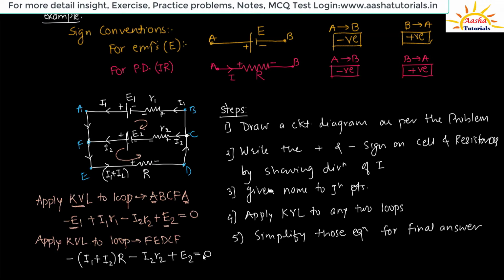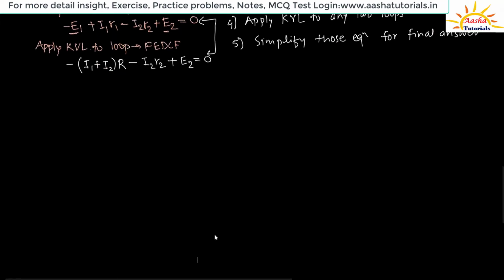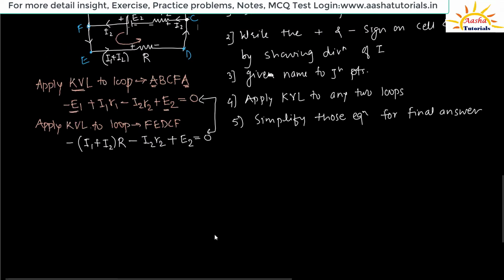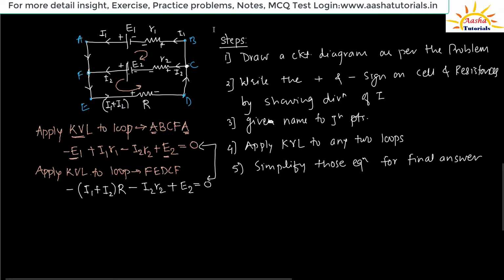In this equation, you can take the EMF terms to one side of the equal sign and then simplify these two relations. These are two simultaneous equations which you can simplify to get the answer of current or EMF.